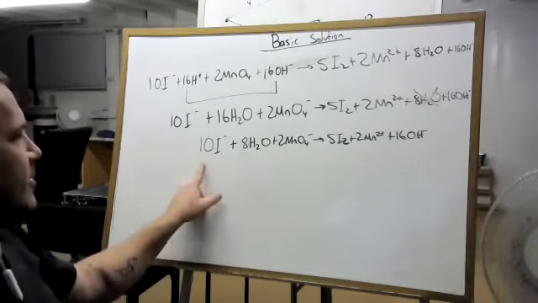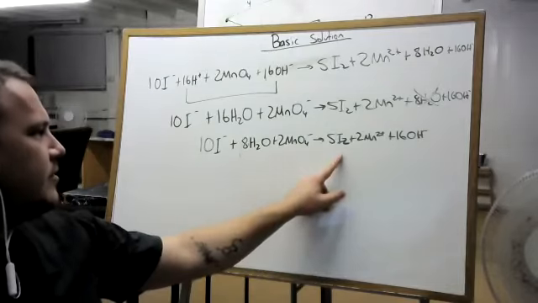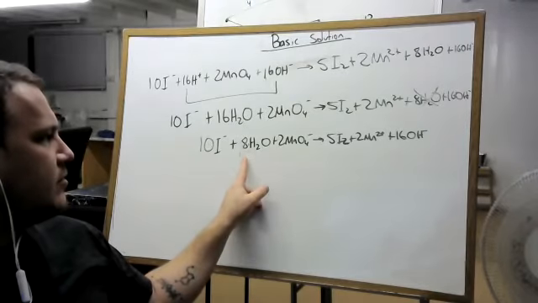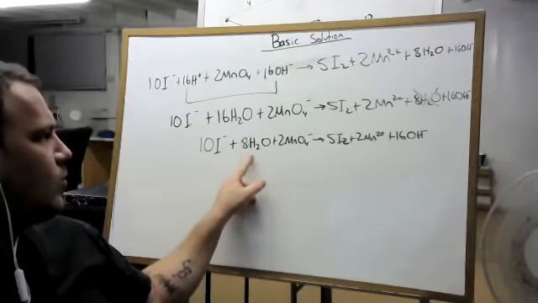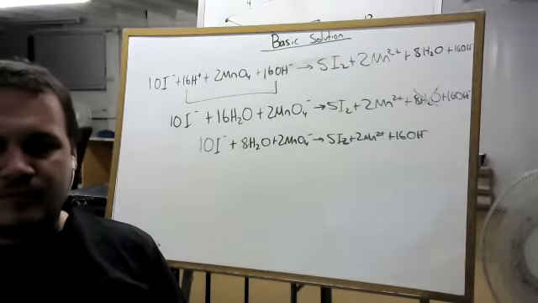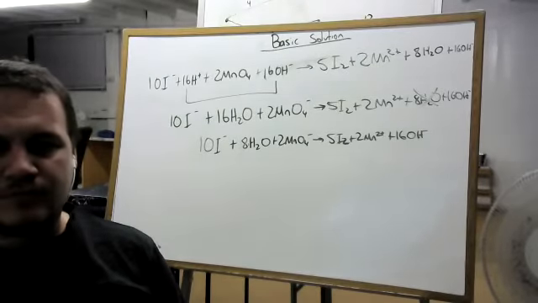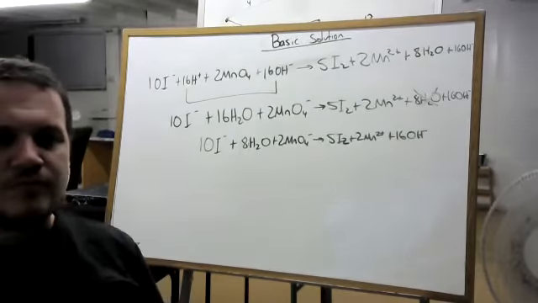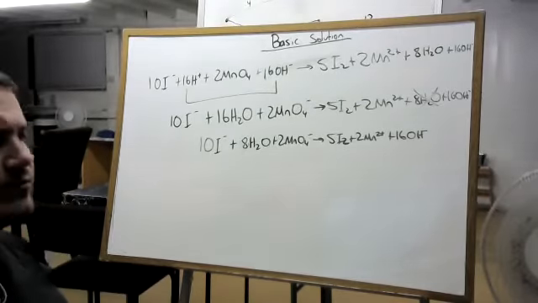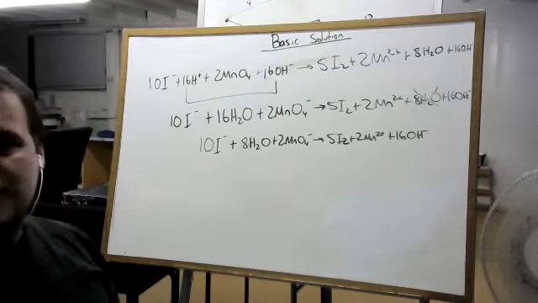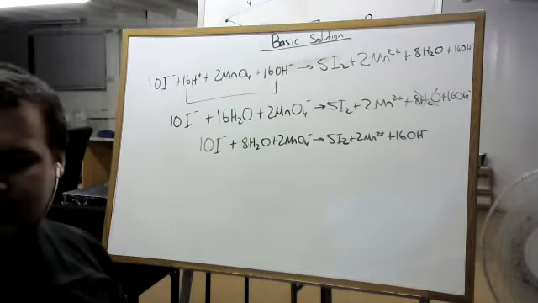So we've got 10 iodine, 10 iodine, 16. We've got 16 oxygen atoms on both sides.